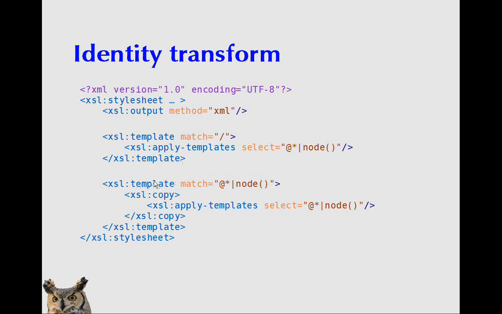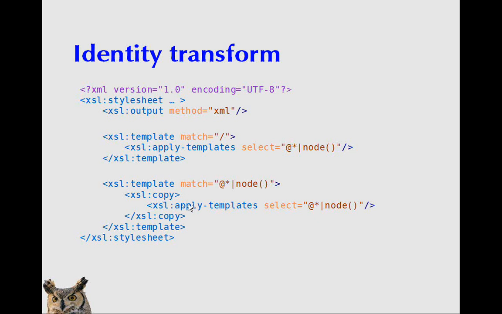The other template in this style sheet matches on any attribute or any node. And all that this does is it uses the XSL copy operation. So whatever we match on, if we matched on music as an element, one of the nodes, it would copy that music element.